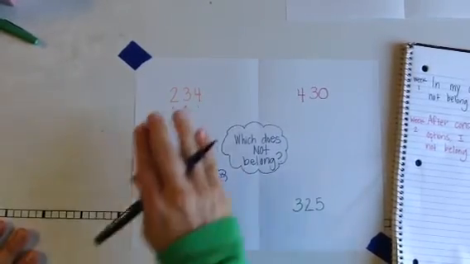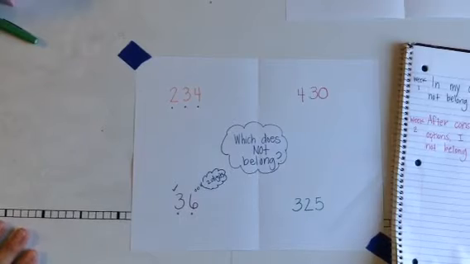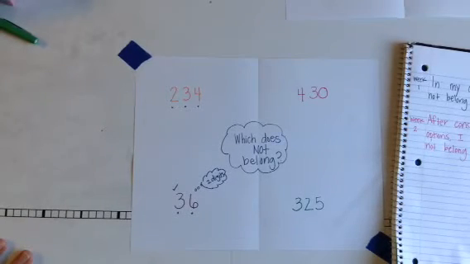Now I'm going to look at the other ones because my goal is to try to think about, could I think of a reason why each one of them doesn't belong? I'm going to try to think about evens and odds. What do I know about evens? Evens are 0, 2, 4, 6, 8, and those are all in the ones place.